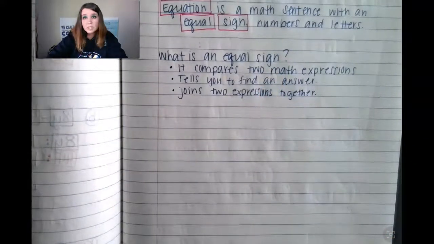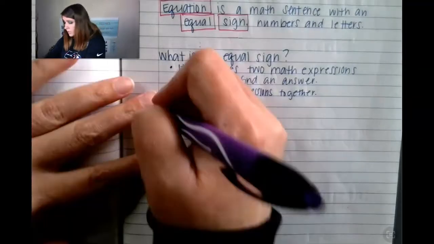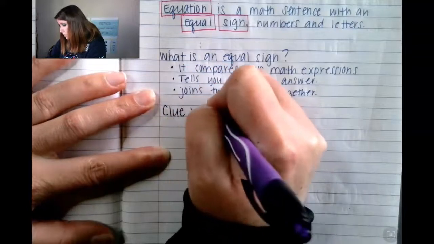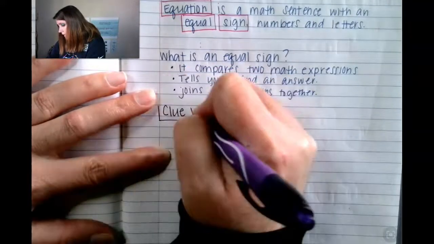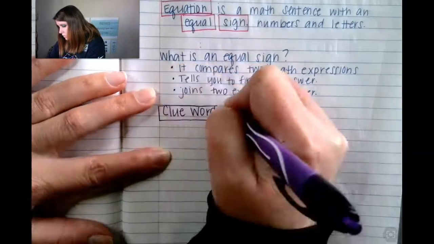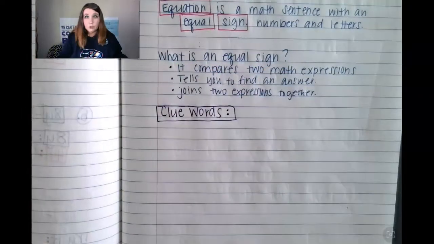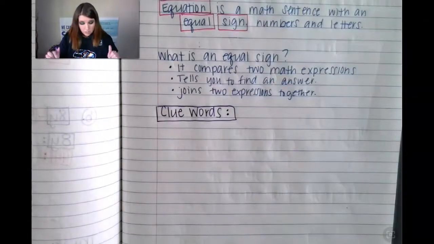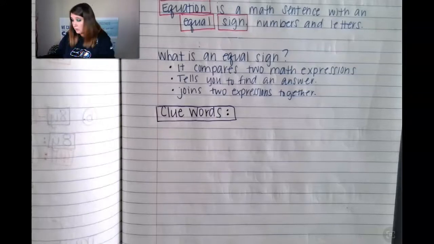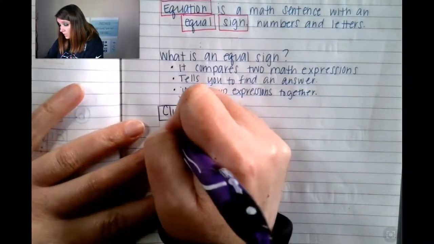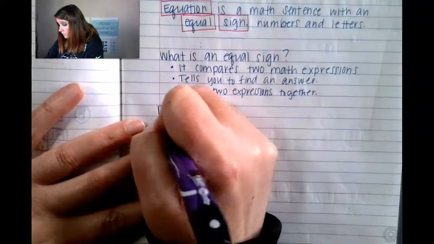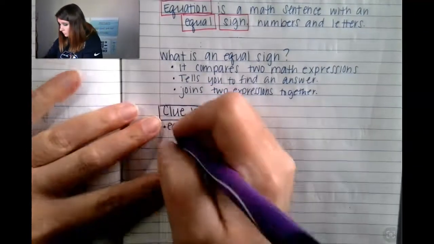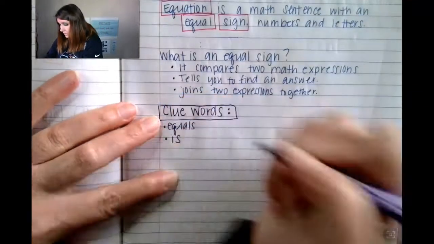Now we're going to talk about some clue words that signal to you, oh my goodness, I better use an equal sign. These are clue words you're going to see out there in the world that mean equals. One is the word equals. Another clue word is the word is.